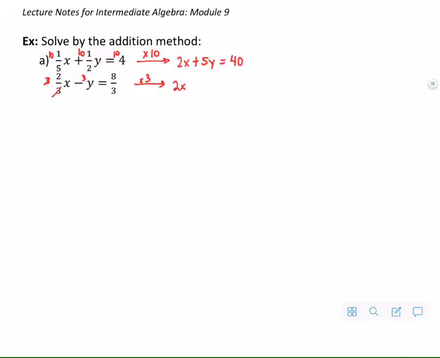If you take the second one times 3, you have a minus 3y. And if you take the right-hand side times 3, what's 3 times 8/3? Same thing happens on this one that happened on the first one. 3's cancel. You're left with equals 8.